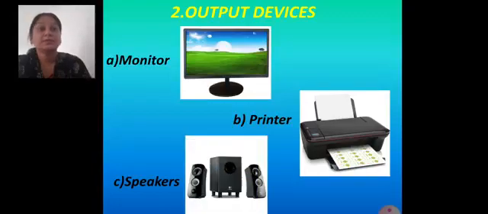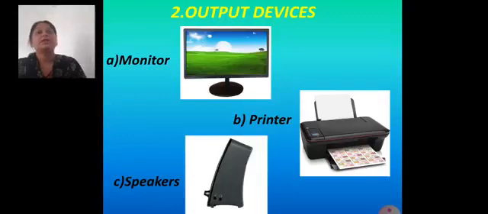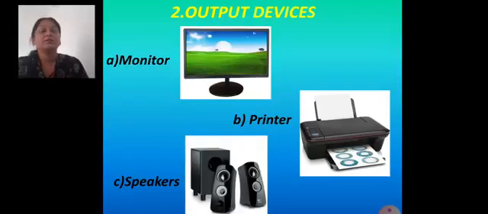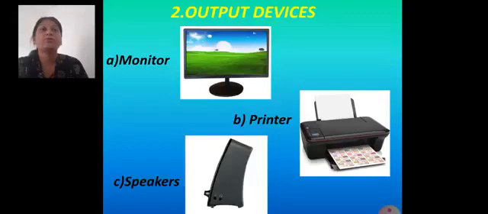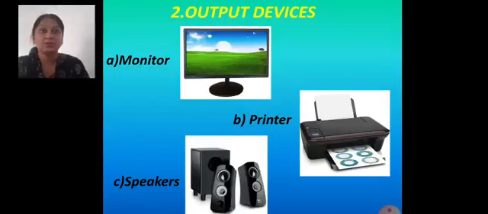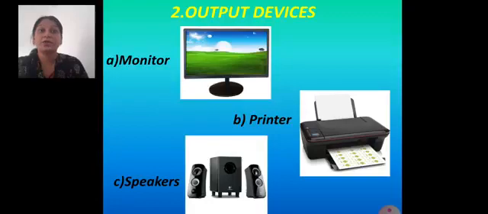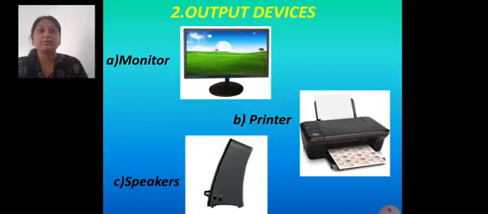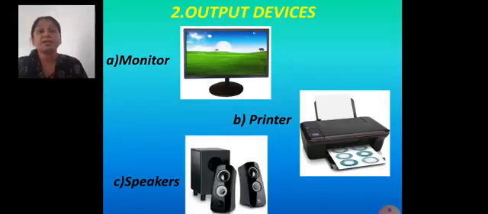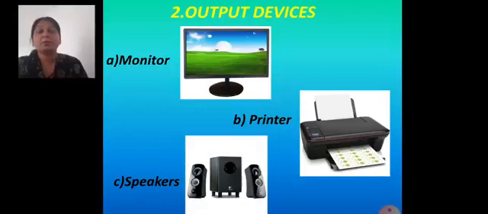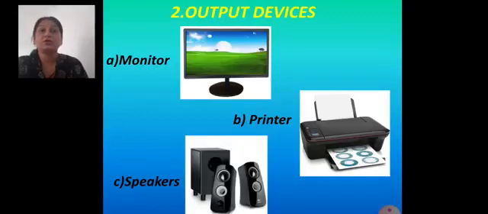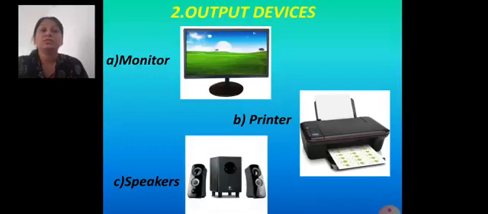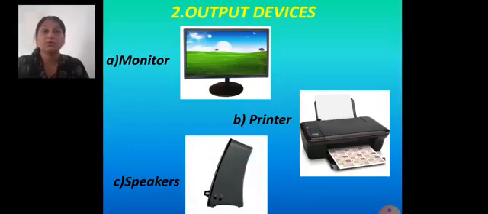Last one, speakers. With the help of speakers we can hear voice and sounds. If you watch any movie on the computer, it is displayed on the monitor, but the voice comes from the speaker, so it gives output in the form of voice or sound. We use speakers to listen to music.